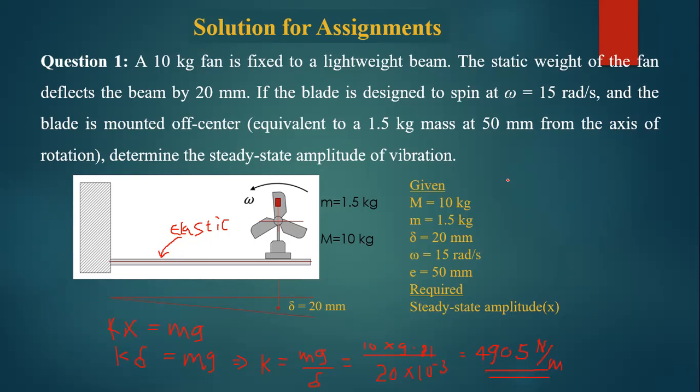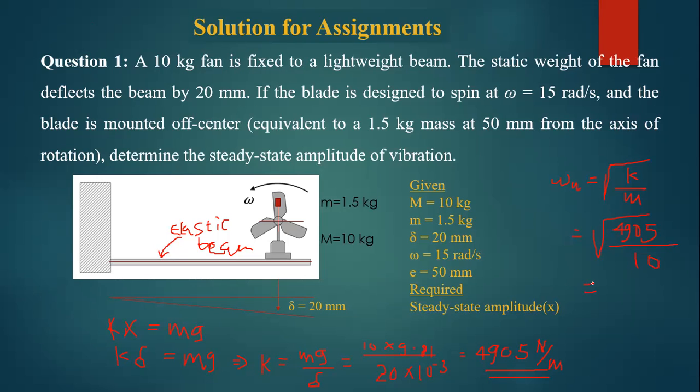Once we get this K, we can find the natural frequency of this elastic beam. Natural frequency omega n equals the square root of K over m. K is already calculated, 4905, and m is 10.